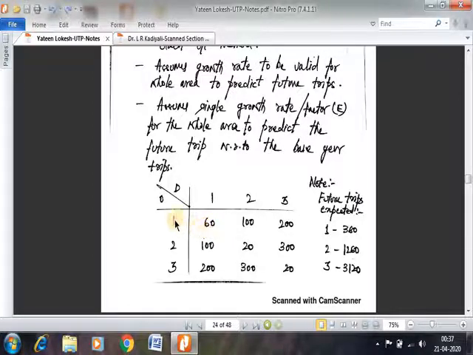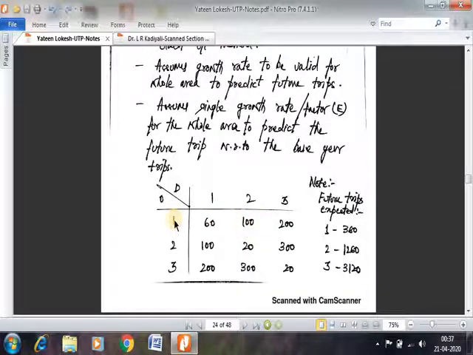For example, the trips happening within zone 1 and zone 1: the origin is zone 1, the destination also is in zone 1, and the total number of trips happening is 60. On the other hand, if the origin is zone 1 and the destination is zone 2, the total number of trips happening here is 100.